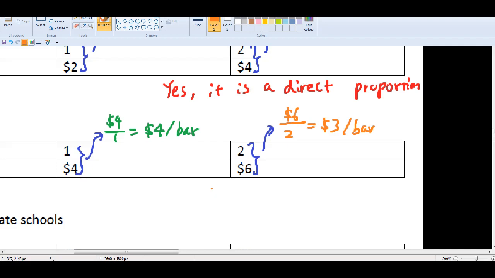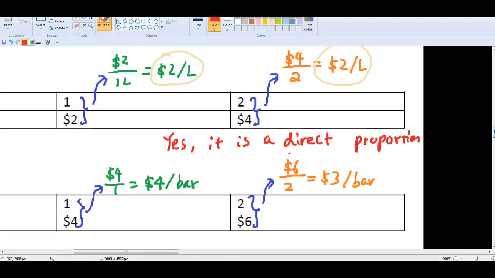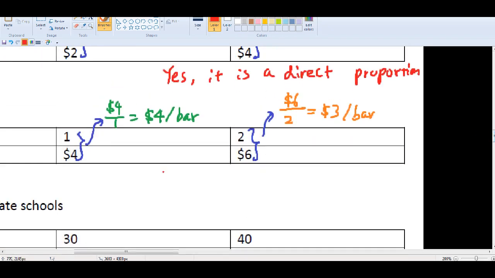If you notice, sometimes you buy more, actually you reduce the cost for each item, right? Okay, but in this case, are they still direct proportion? No, because you see the numbers, the rates are different. Okay, so no, it is not a direct proportion.